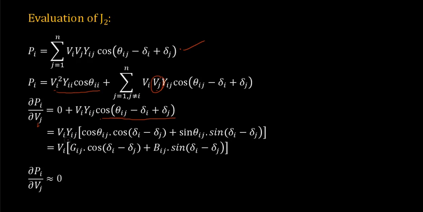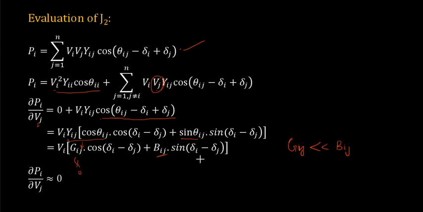Yij cos theta ij can be termed as Gij, and Yij sin theta ij can be termed as Bij. And we already said that Gij is much smaller when compared to Bij, so this particular term can be approximated to 0.